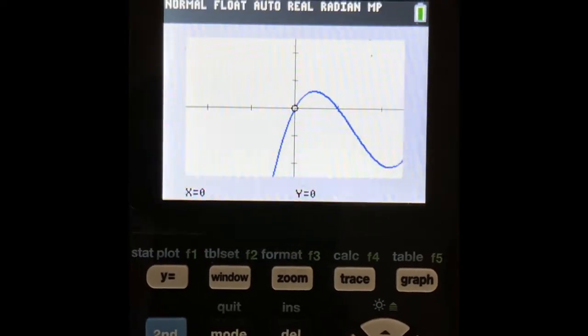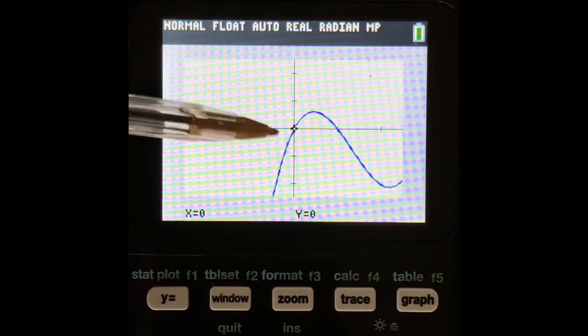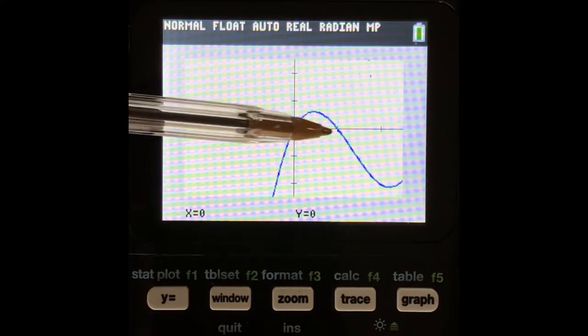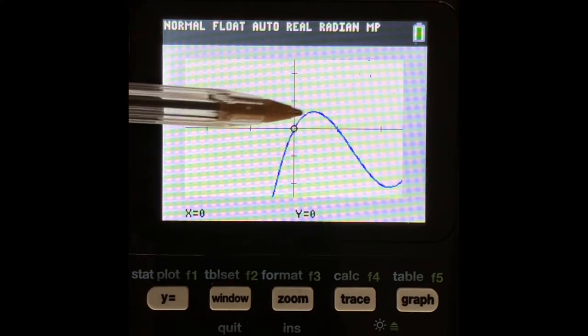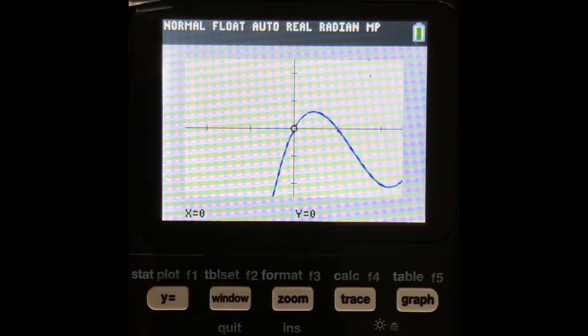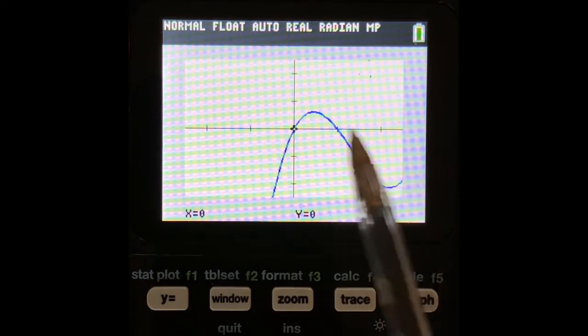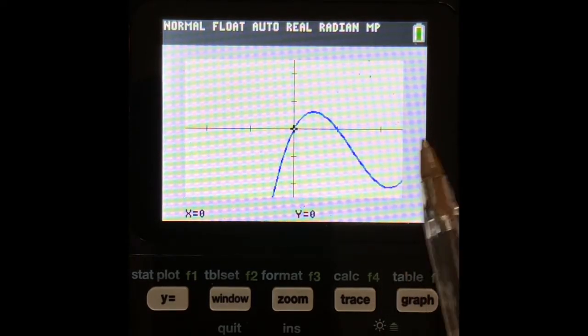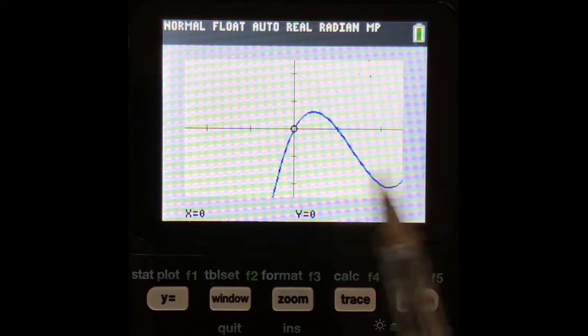What we have to understand is that the graph of this function f from 0 to 1 is above the x-axis. But then the other part of this graph from 1 to 3 is below the x-axis.